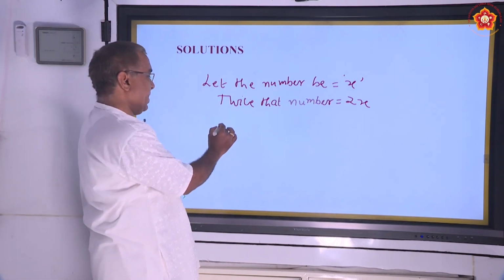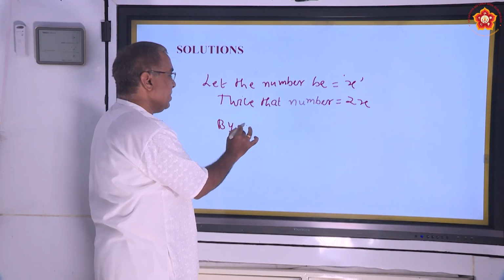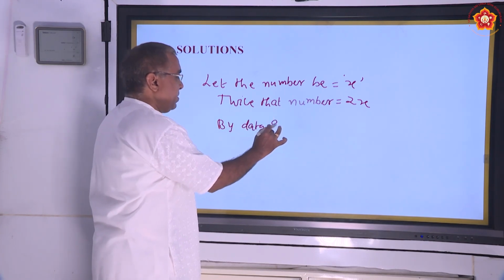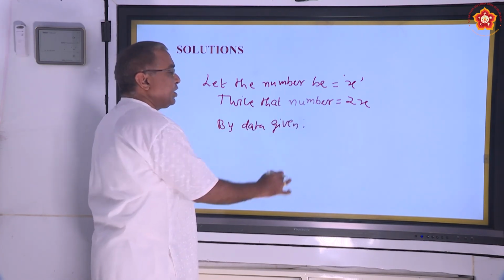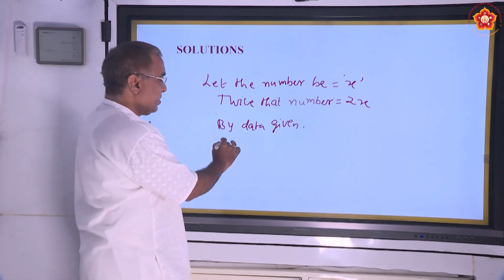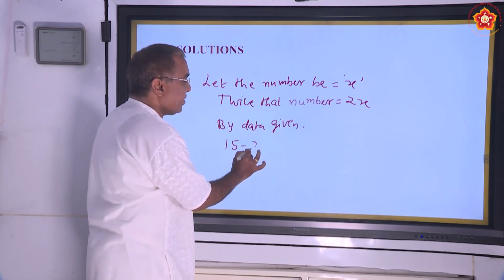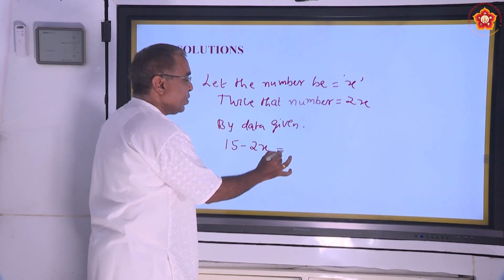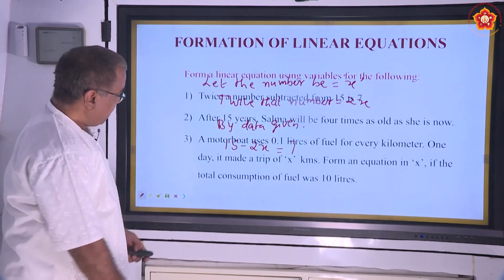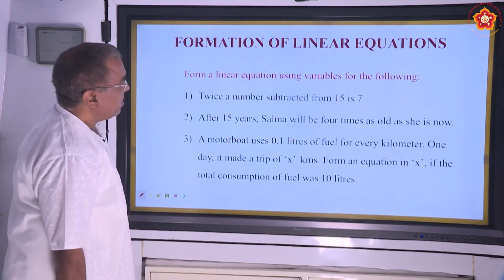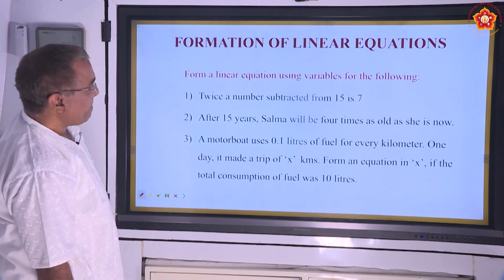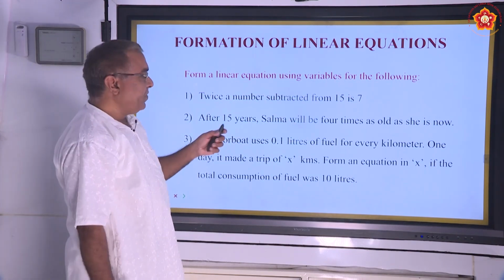So, by the data given, subtracted from 15 means 15 minus this one is going to give us 7. So, this is the required equation.